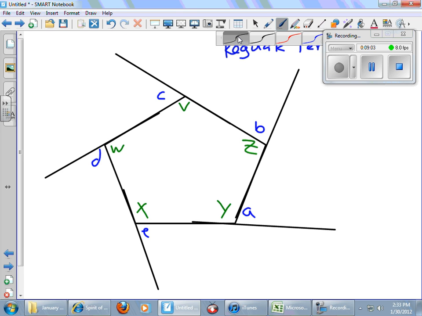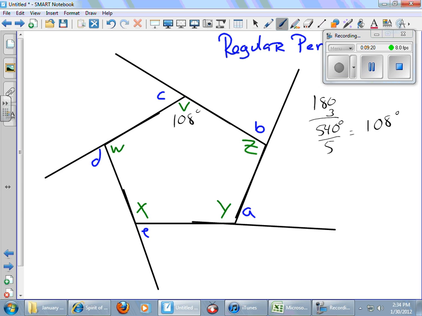Well, I know there's 3 triangles, so 180 times 3 is 540 degrees. That's if you add up V, W, X, Y, and Z, you get 540. Now, if I divide that by 5, I get 108 degrees. So that means all of these are 108.